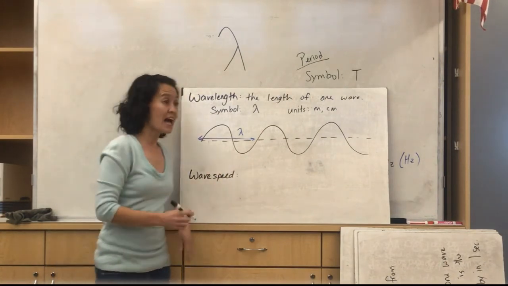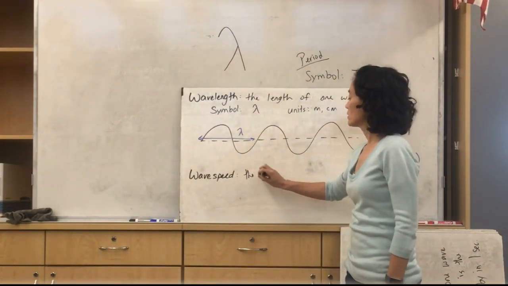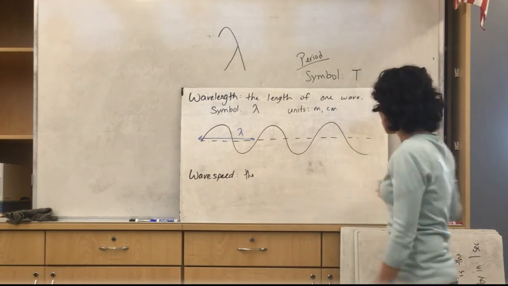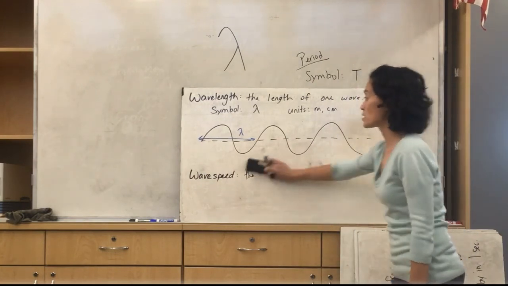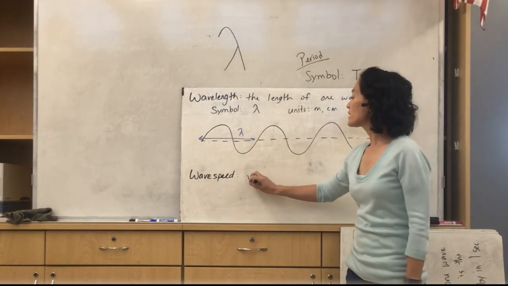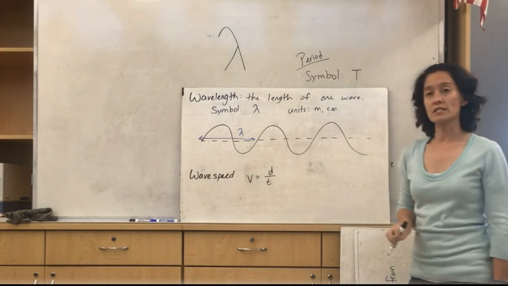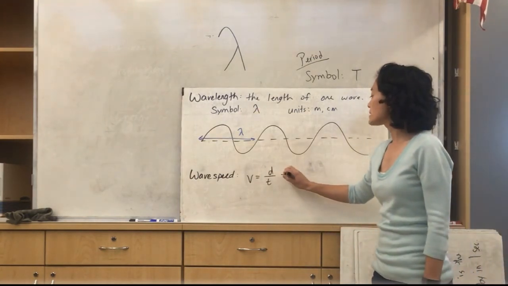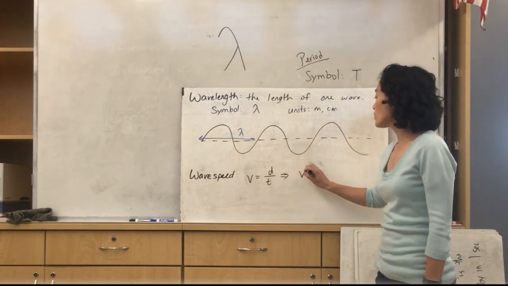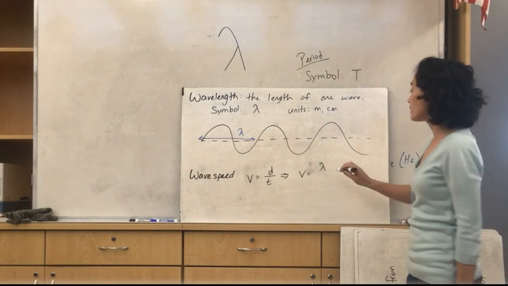Now, if we think about the quantities we've looked at, and I think about the idea of a wave speed, how fast does a wave travel? Well, there's not really a need to define it. Wave speed is the speed of the wave, and that seems redundant, so I'm not going to write that down. If I think about my traditional equation for velocity, velocity is distance over time. Well, in this case, my distance of one wave is a wavelength, and the time for one wave is the period.